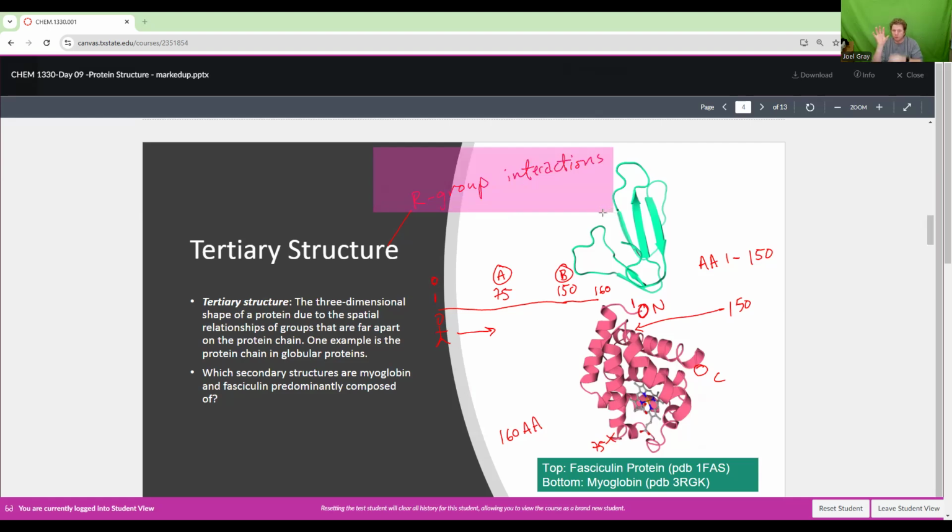The question is, what part of a protein is stabilizing the tertiary structure? And the answer to that is R group interactions.